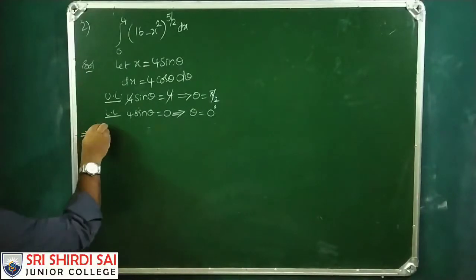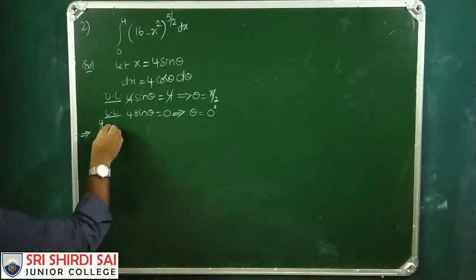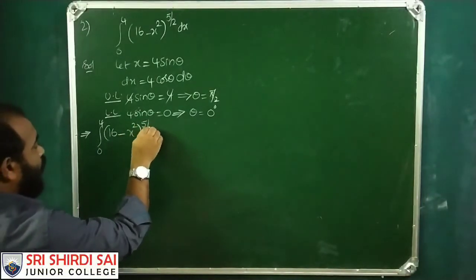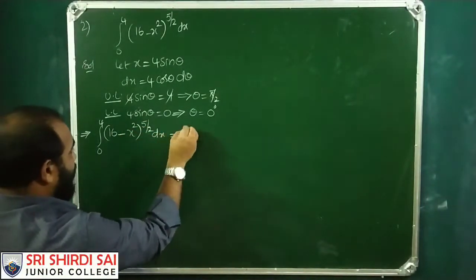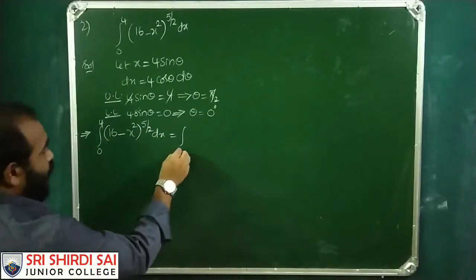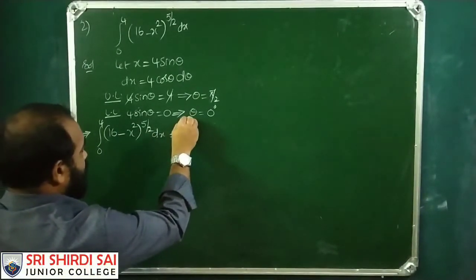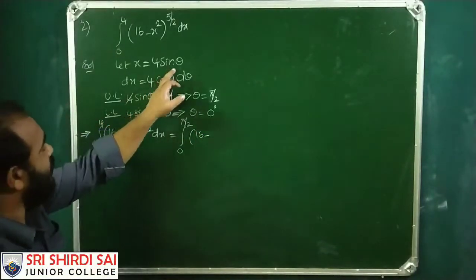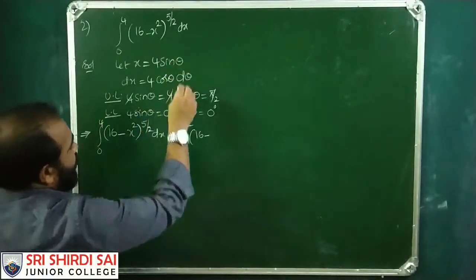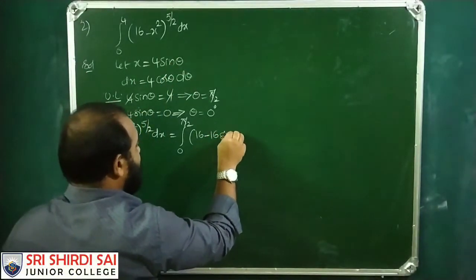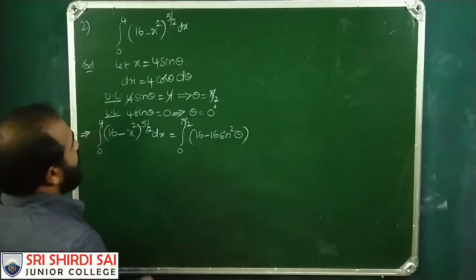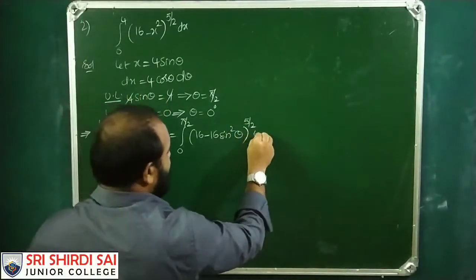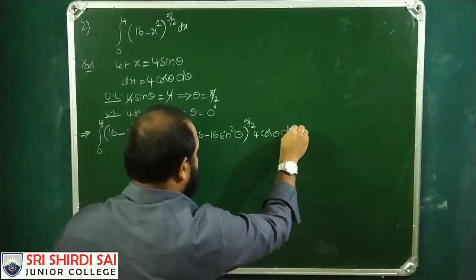Therefore, integral 0 to 4 of (16 minus x square) whole power 5 by 2 dx is equal to integral 0 to pi by 2 of 16 minus x square, where x is 4 sin theta. X square is 4 square sin square theta, which is 16 sin square theta, whole power 5 by 2, and dx is 4 cos theta d theta.